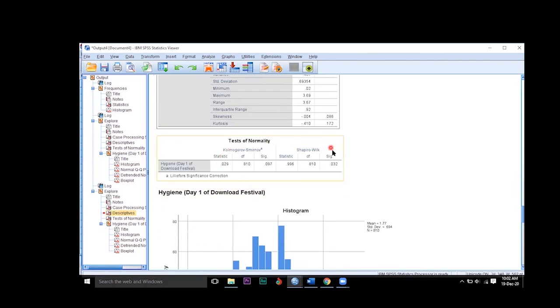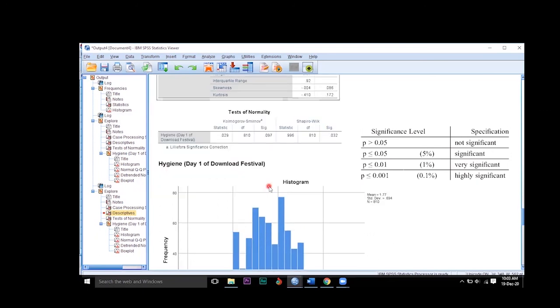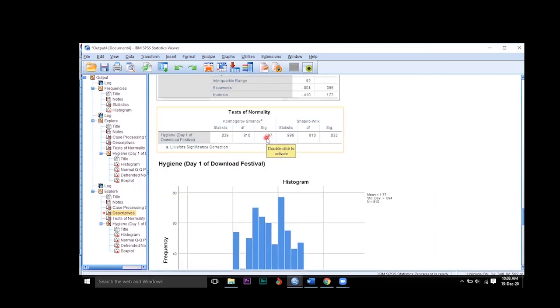Now there are two tests, but we are interested in the KS test. In this one, see that our value of significance is above 0.05. If the significance is above 0.05, it means our data is normal. So the test shows that the data are normal, and the tabular skewness also shows the data are normal.